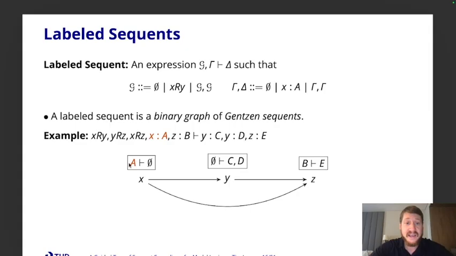So this means that I have A turnstile empty set associated with x. I have C and D associated with y in the consequent, so I have empty set turnstile C, D associated with y. I have B associated with z in the antecedent and E associated with z in the consequent. So that gives me the Gentzen sequent B turnstile E associated with z. So that's all a labeled sequent really is. It's just a graph of Gentzen sequents.